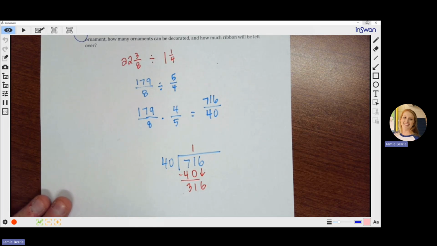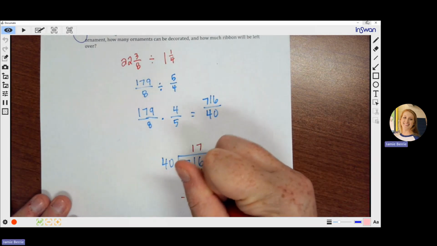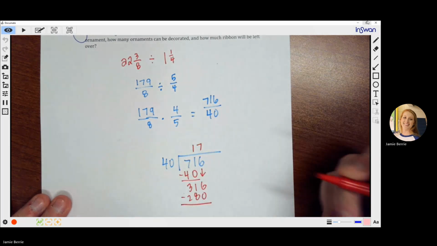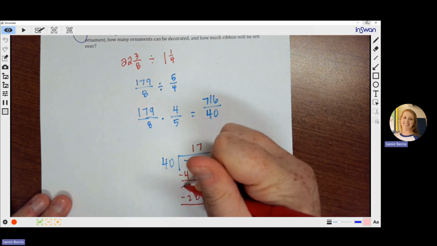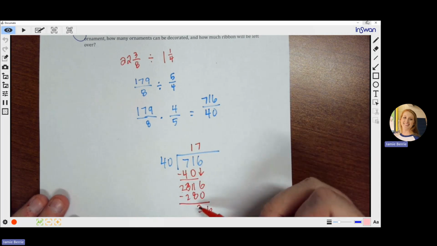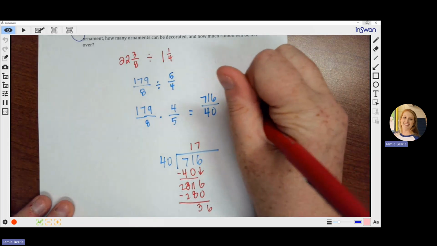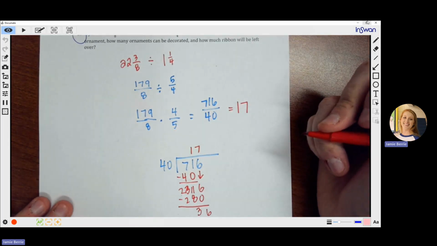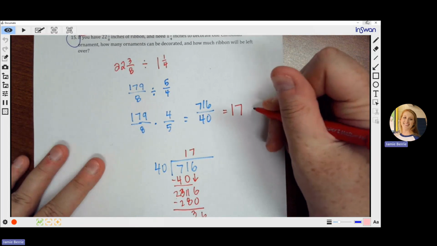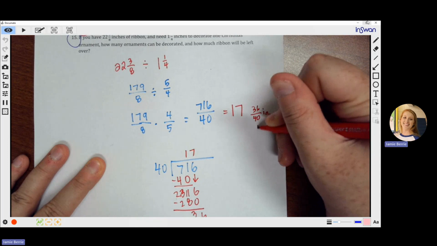Let's see, 40 times 7 is 280. All right, so minus 280. Subtract that, that's 36. All right, so that is smaller than my divisor, so I know I'm done. So this tells me that I can make 17 ornaments, and I've got 36 over 40 inches remaining.